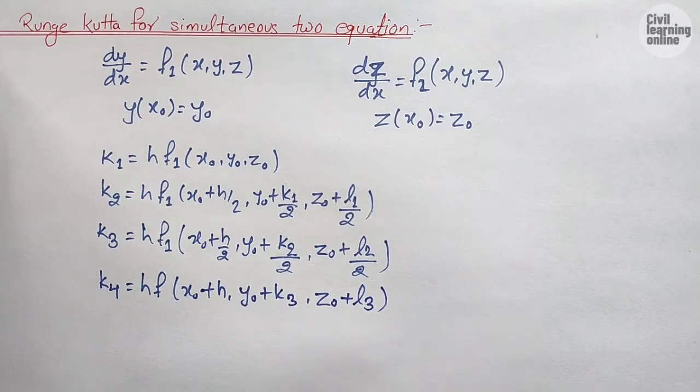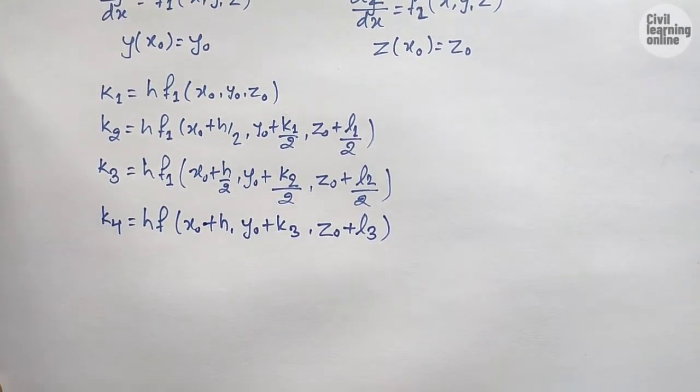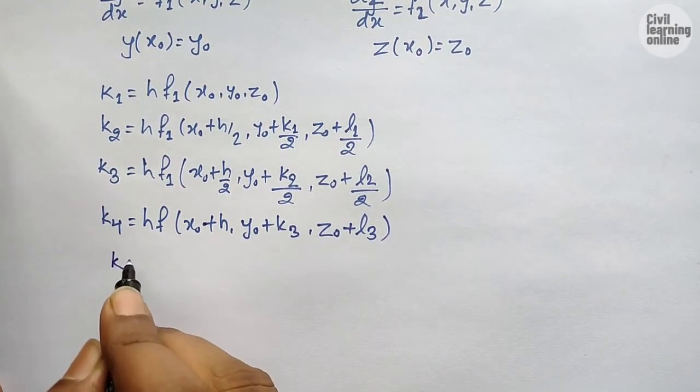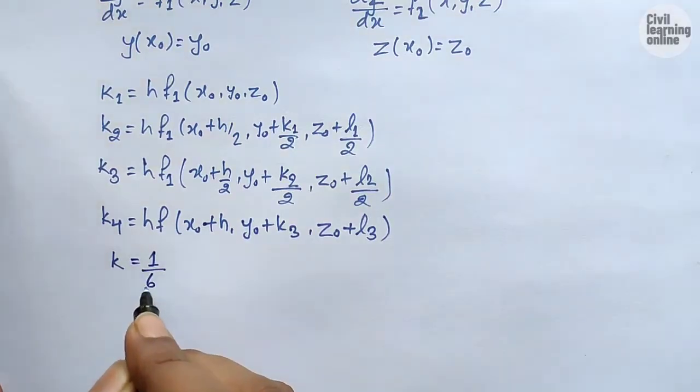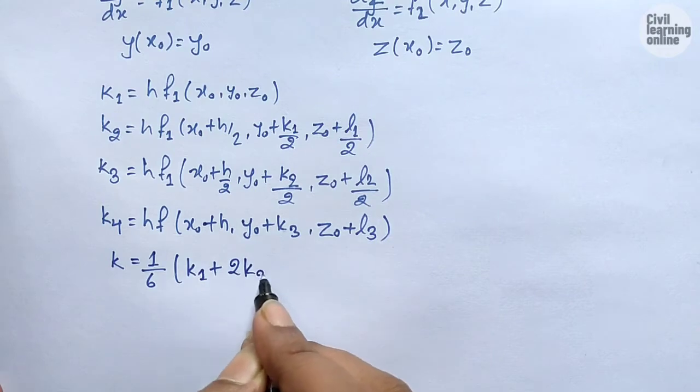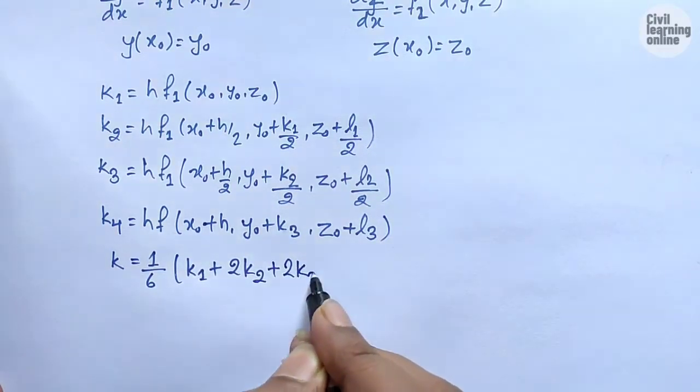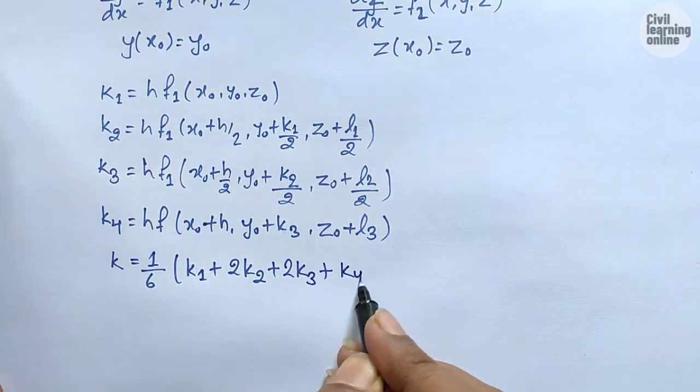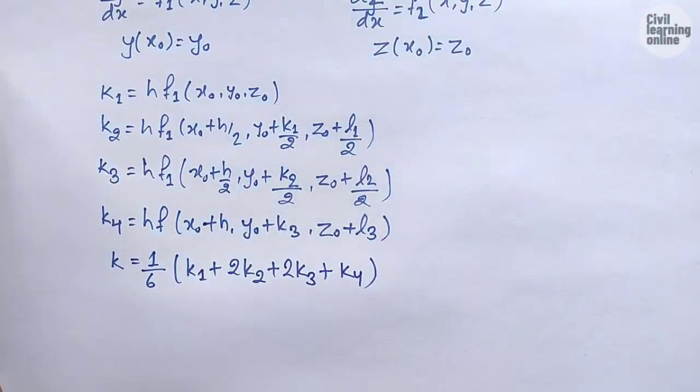And for the final value of k, we will have k equals 1 by 6 times (k1 plus 2k2 plus 2k3 plus k4), which is similar to the Runge-Kutta fourth order formula. And from here we will get the final value y1 equals y naught plus k.